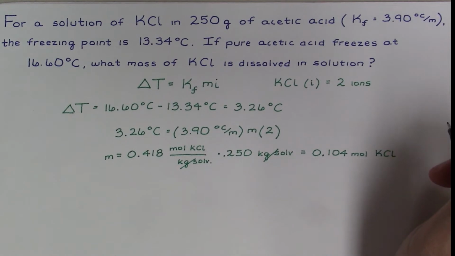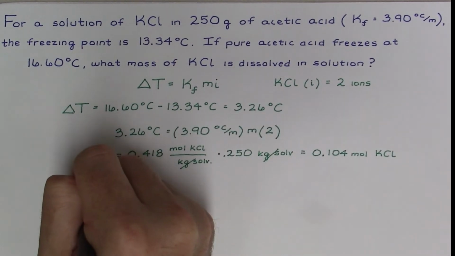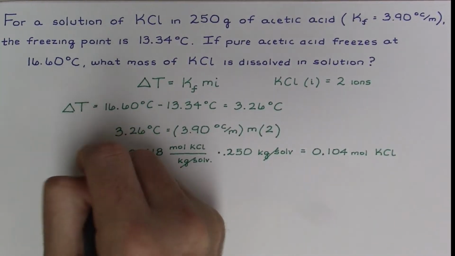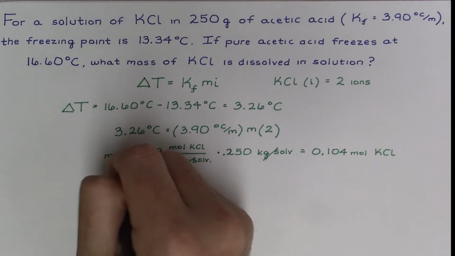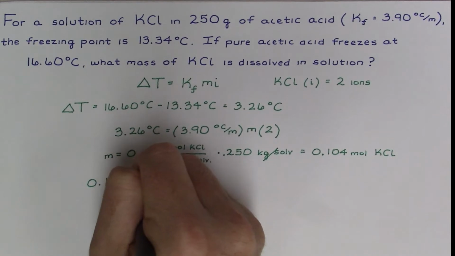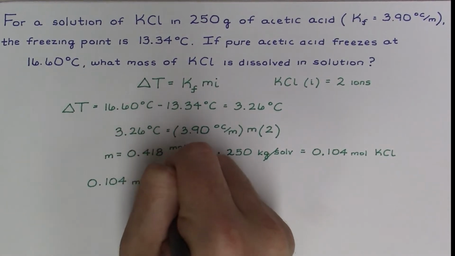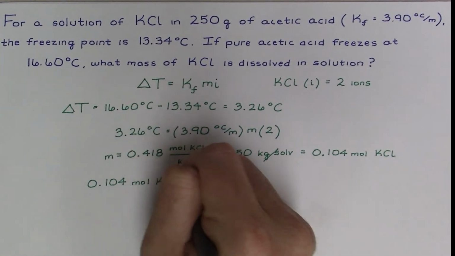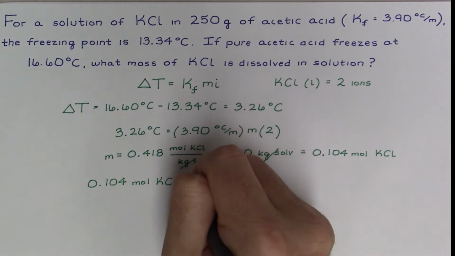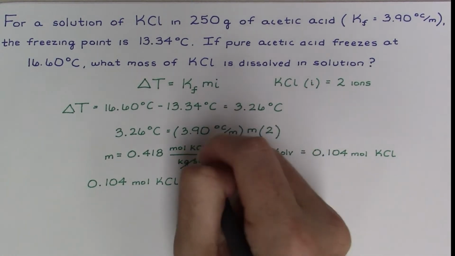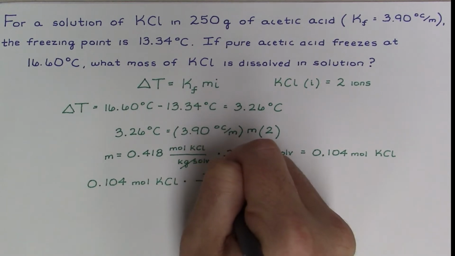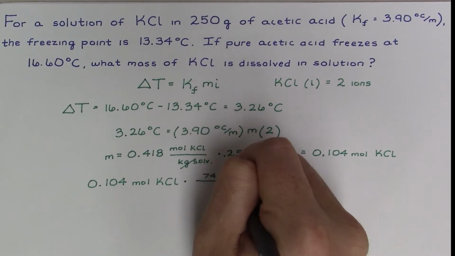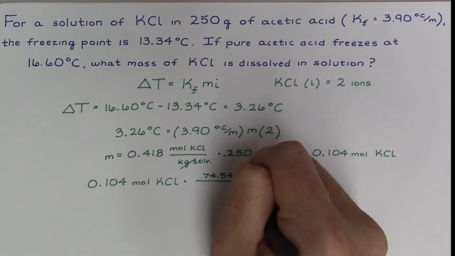Then what we can do is take that number of moles of our potassium chloride and multiply it by its molar mass. In this case, the molar mass of potassium chloride is 74.548 grams per 1 mole potassium chloride.